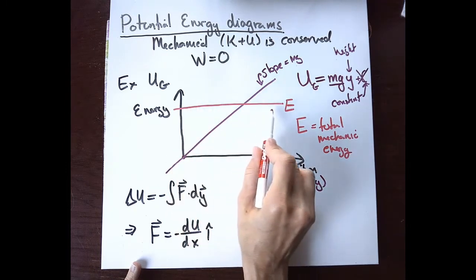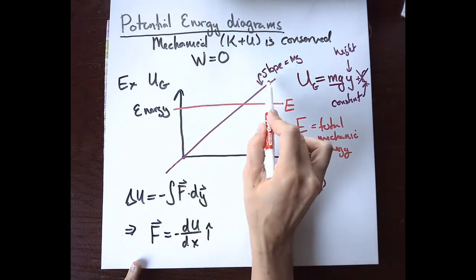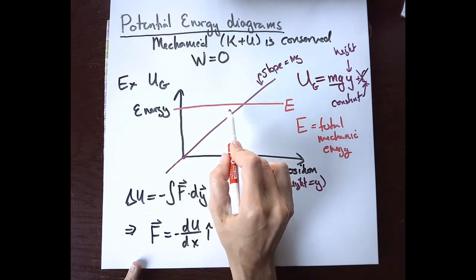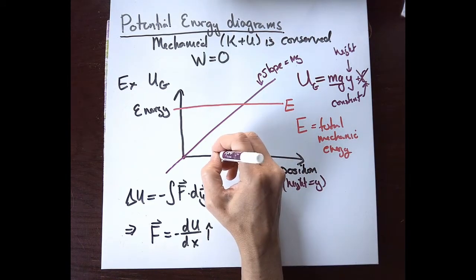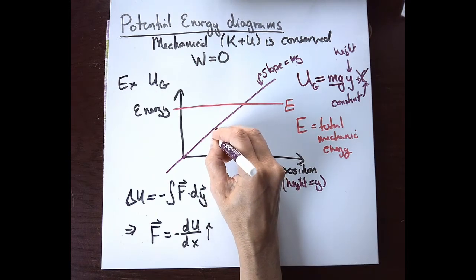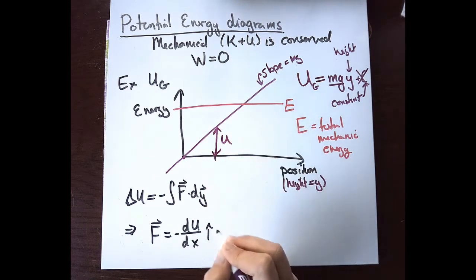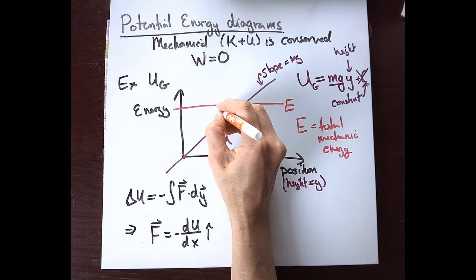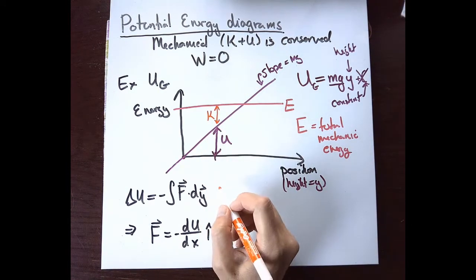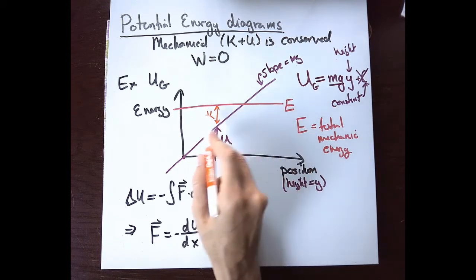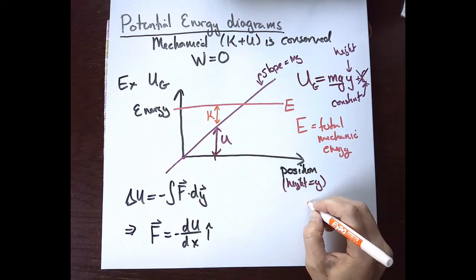And it's just a straight line. It doesn't change with the position. Potential's changing, but the total energy isn't. And that means that if you're at some position, say this one, you're going to have this much potential energy. And the rest of it's got to be kinetic energy to make up the difference, because potential plus kinetic, that's the total energy. So let's just write that down.